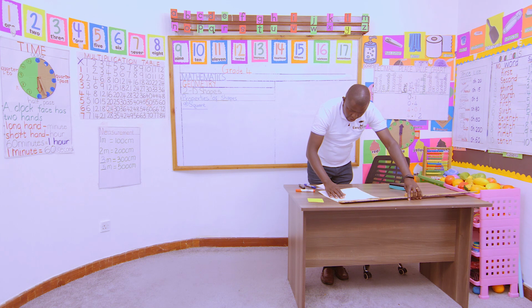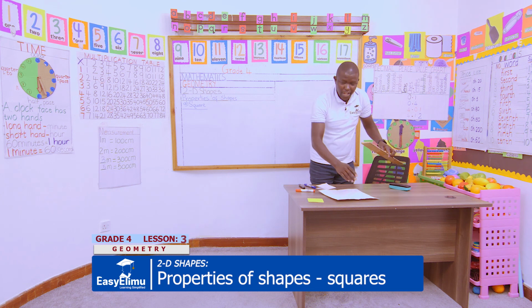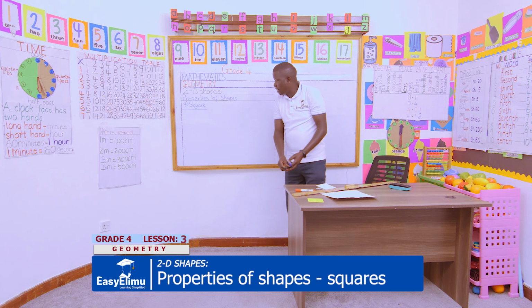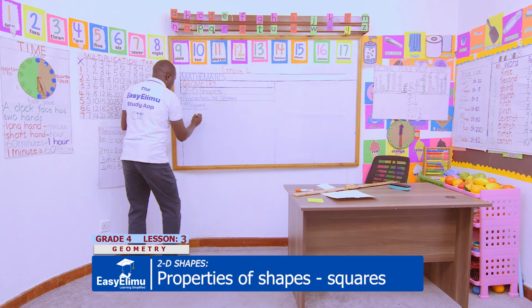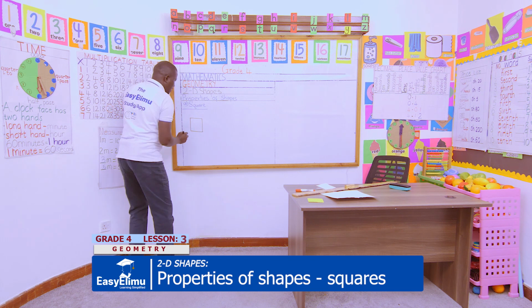And this one is 28 centimeters. AB is 28 centimeters. So I can come here and trace it in your square like this.